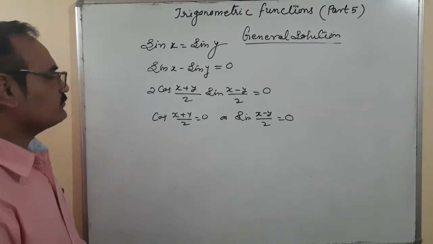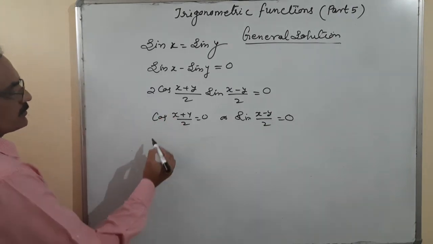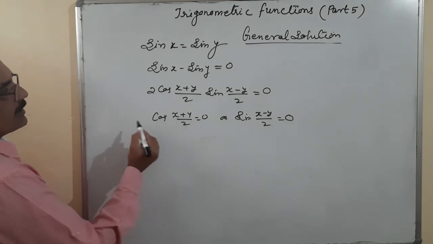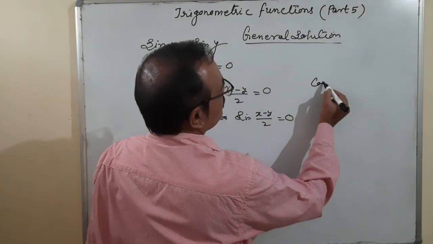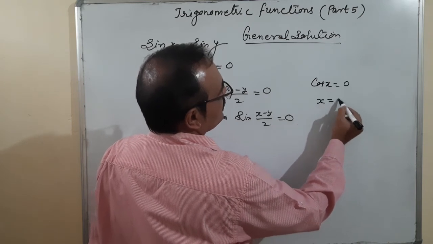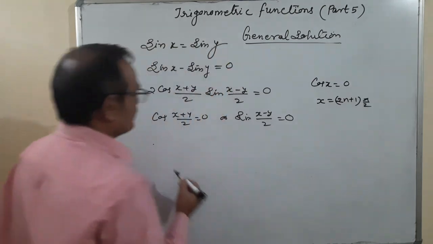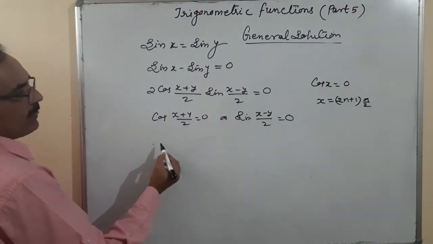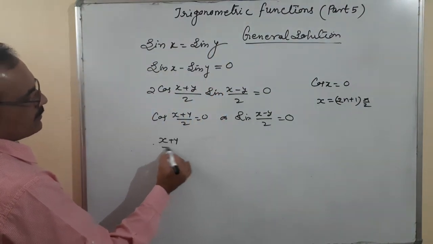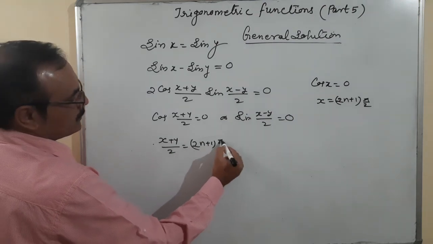Cos (x plus y) upon 2 is equal to 0. We know that if cos x is equal to 0, then x is equal to (2n plus 1) into pi by 2. So here I write (x plus y) upon 2 is equal to (2n plus 1) into pi by 2.